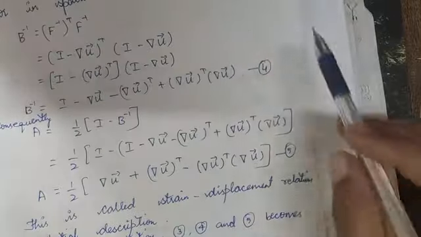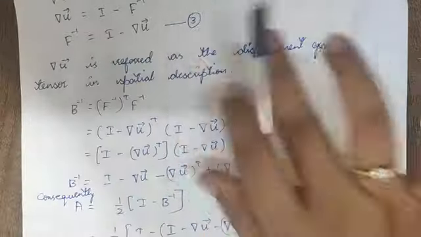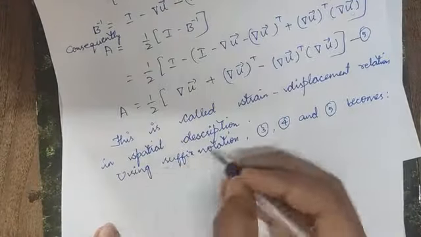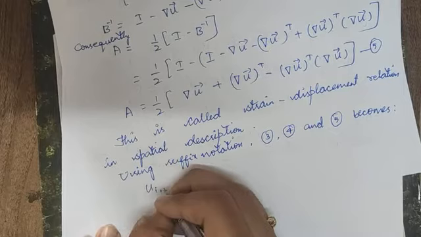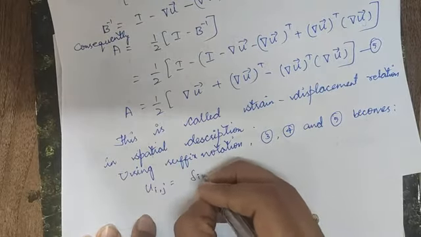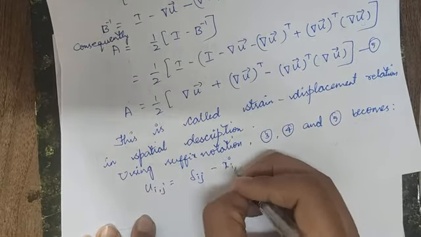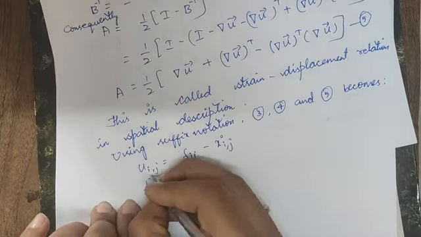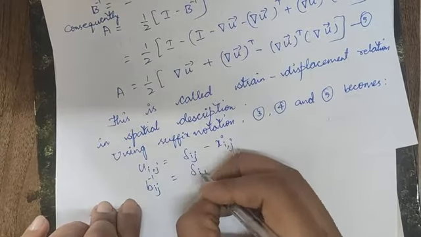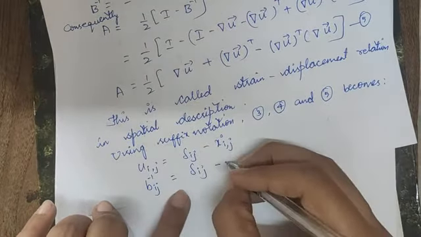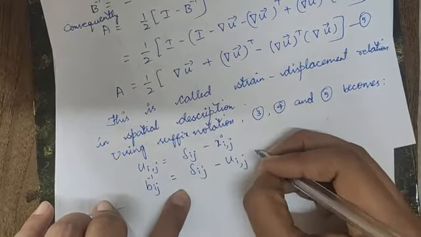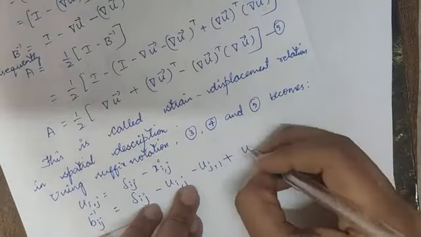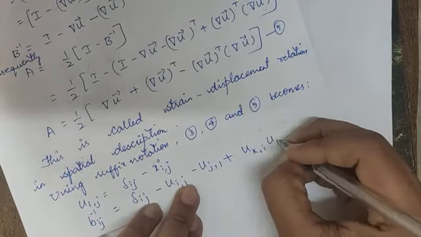Using suffix notation, your equations 3, 4 and 5 become: ui comma j is equal to delta ij minus x naught i comma j. Bij inverse is equal to delta ij minus ui comma j minus uj comma i plus uk comma i uk comma j.